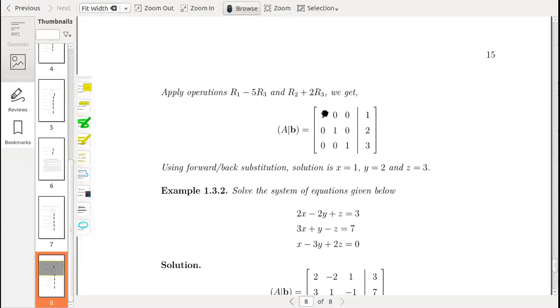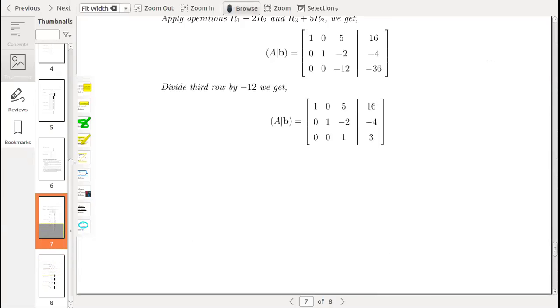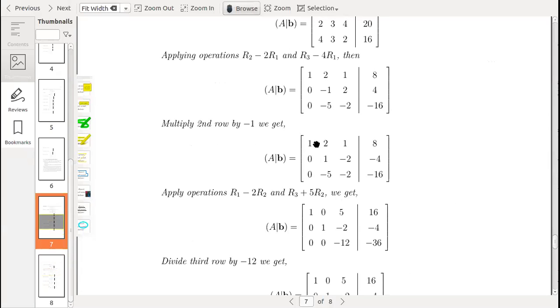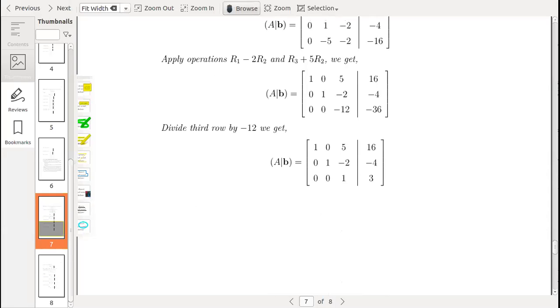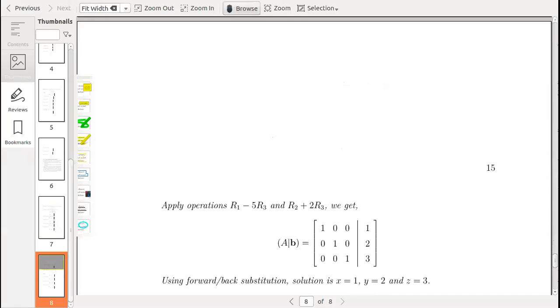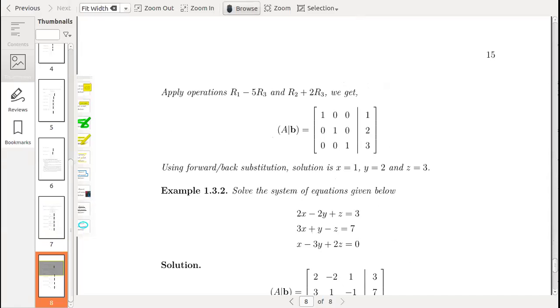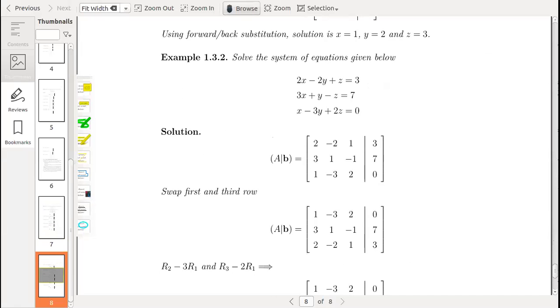So this is the identity matrix. So clearly you have performed more steps than the Gaussian elimination method. So that is why the Gaussian elimination method is more efficient, because it has fewer steps than the Gauss-Jordan method.